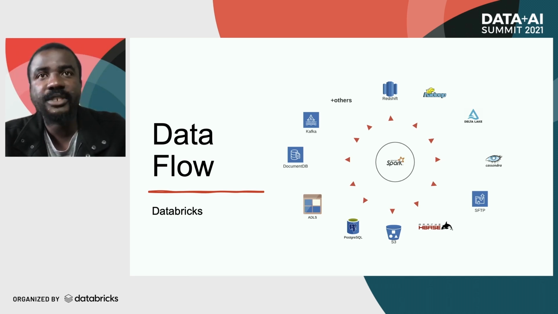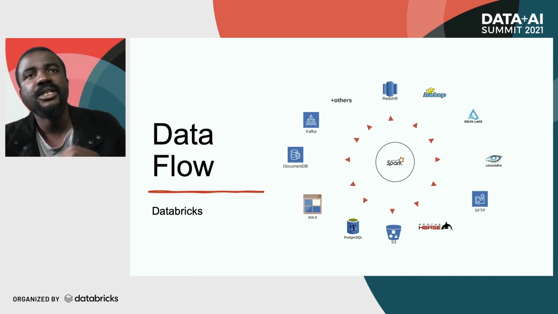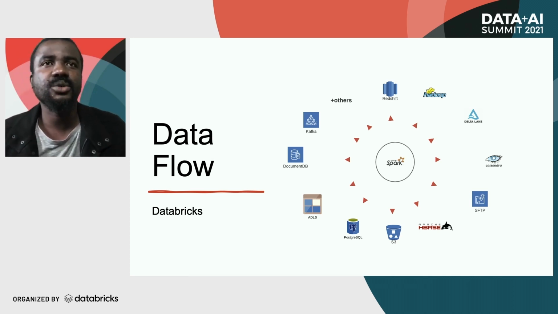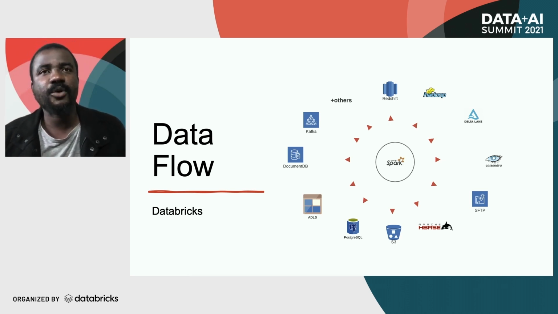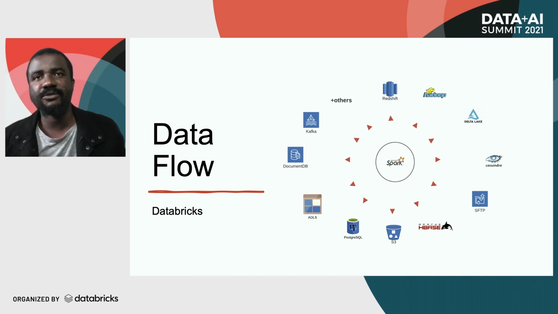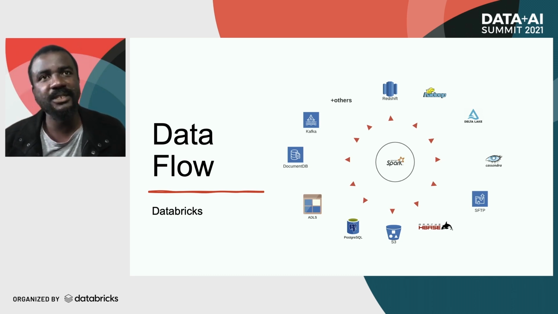We are able to provision Spark clusters on demand, perform distributed computing, and scale horizontally. Spark also gives us the ability to connect to multiple data lakes and warehouses. It supports reading different varieties of data, structured or unstructured data. And we're also able to use Spark for either batch or real-time data processing.